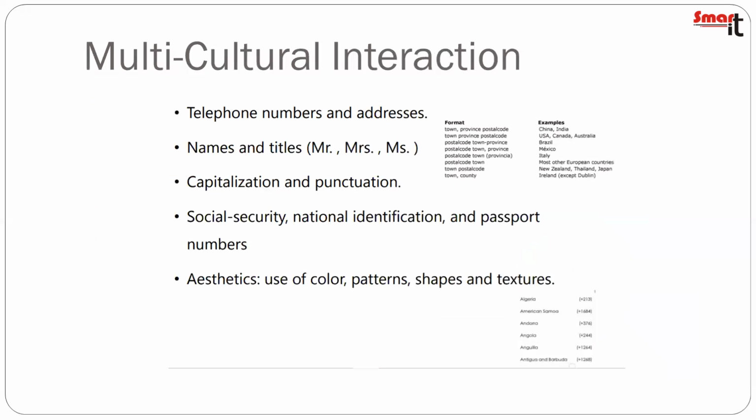Those are the basic things that we have to focus on about users. Right. And another term: multicultural interaction. Multicultural interaction means that there is not just one culture; even in Sri Lanka, which is just one country, there are multicultural people, right?